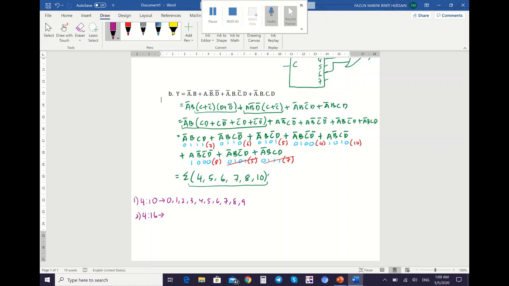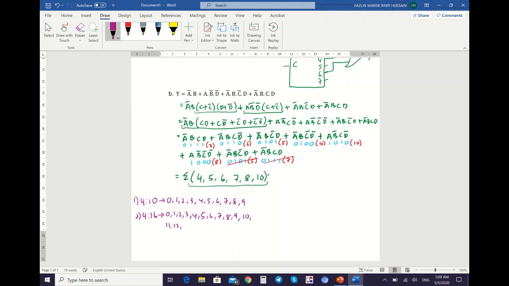And for 4 to 16, you have 16 values, from 0 until 15: 0, 1, 2, 3, 4, 5, 6, 7, 8, 9, 10, 11, 12, 13, 14, and 15.